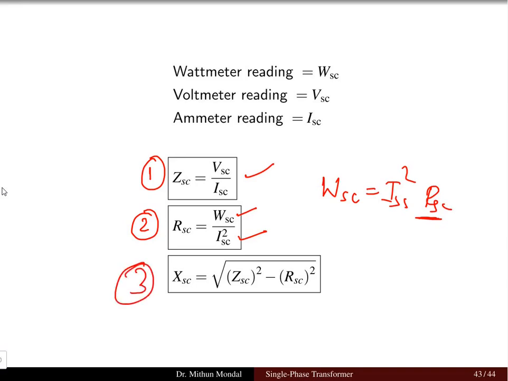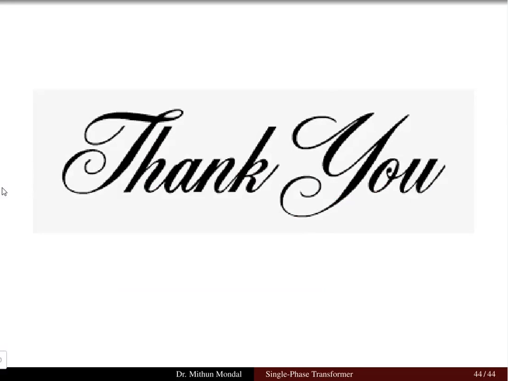Third, we can find the reactance XSC as the square root of ZSC squared minus RSC squared. These give me the series parameters of the equivalent circuit of the transformer. So the open circuit test and short circuit test give the shunt and the series parameters, which represent the iron loss and the copper loss in a transformer.